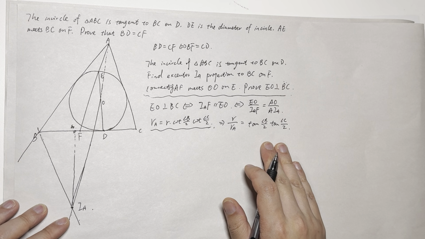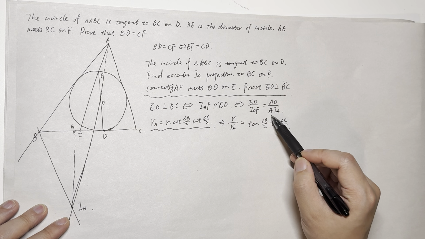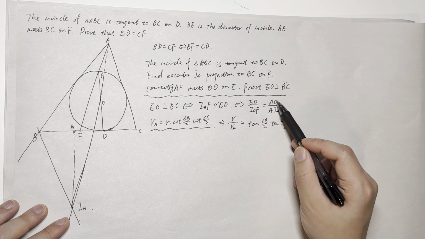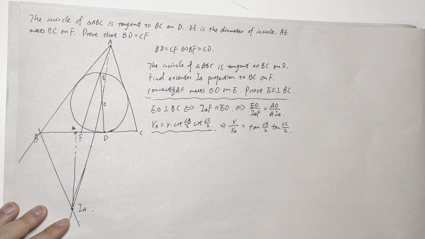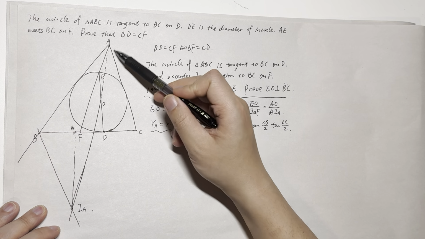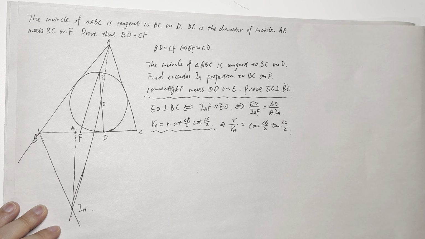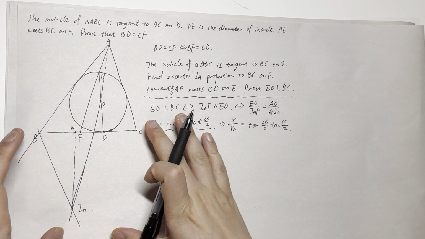Then the problem is transferred to that we want to find out AO to AI and prove that AO to AI equals to this one, right? And what is AO to AI? So just look at this figure.